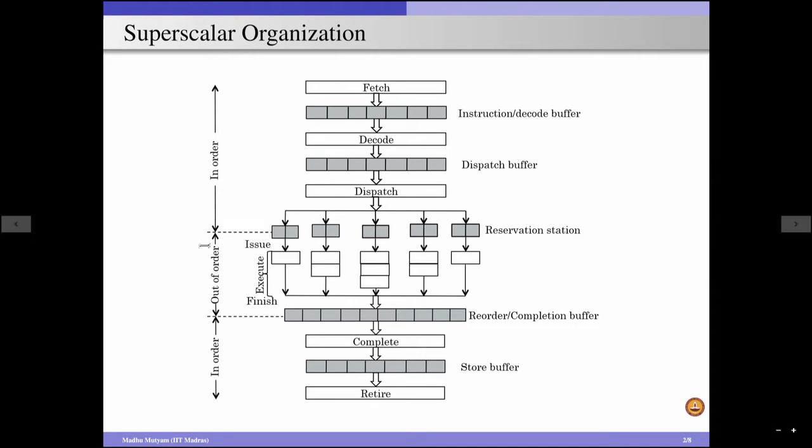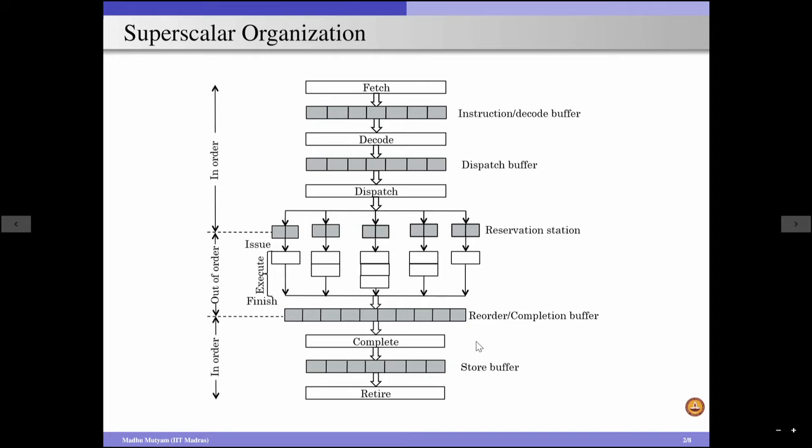So effectively, from the reservation station output to the reorder buffer input, we have an out of order flow in our instruction execution. Once we have instructions executed by different functional units and returned to the reorder buffer, we select instructions from this reorder buffer and complete these instructions in the program order again.